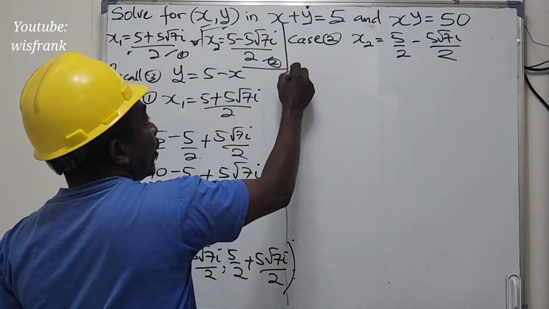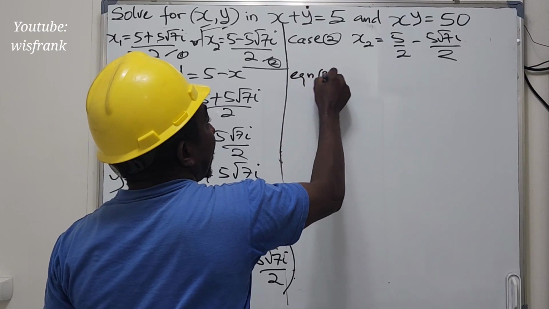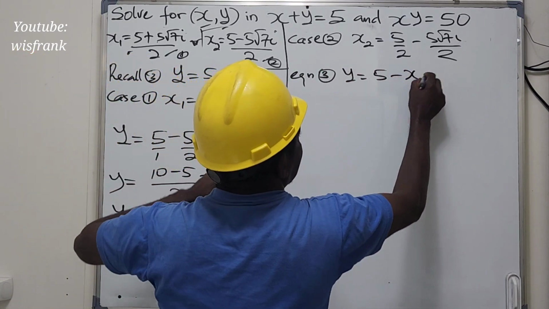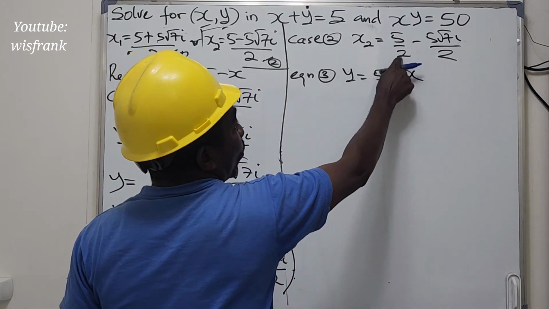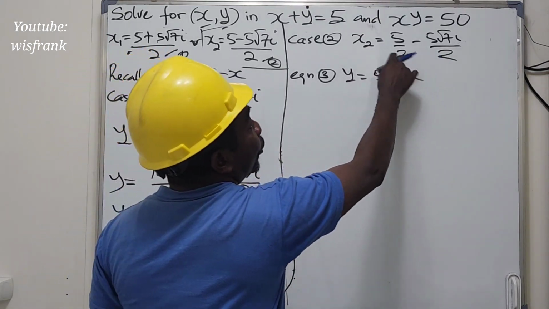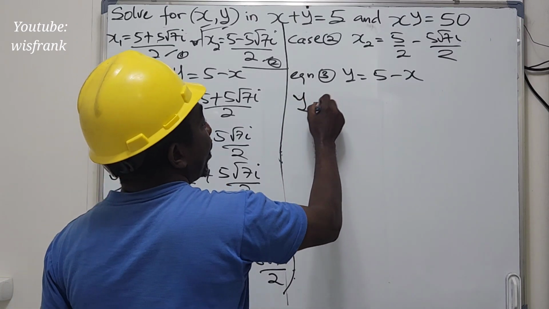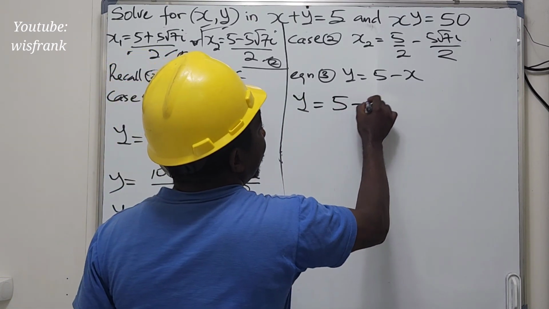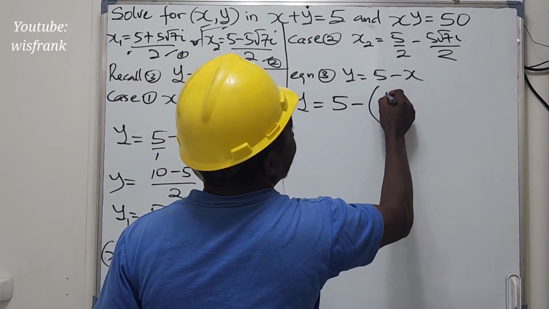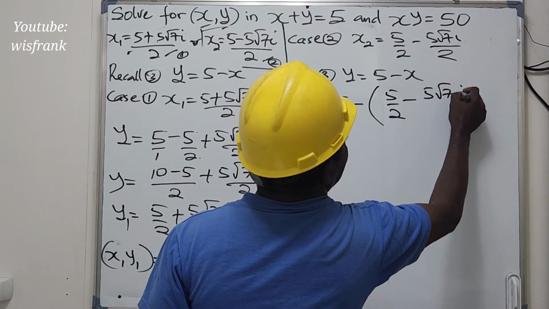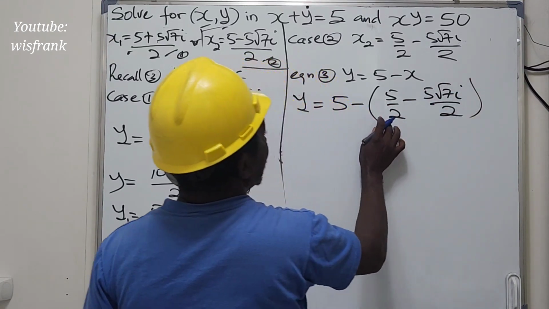We recall from equation 3 that y equals 5 minus x. So at x equals this, what we are going to do is substitute the value of x in this equation. So we have y equals 5 minus, with x as 5 all over 2 minus 5 root 7i all over 2.